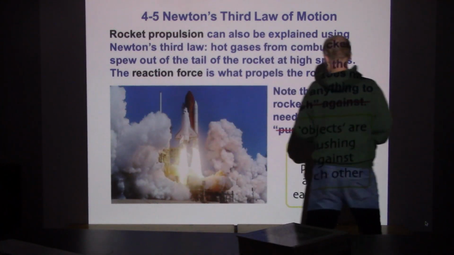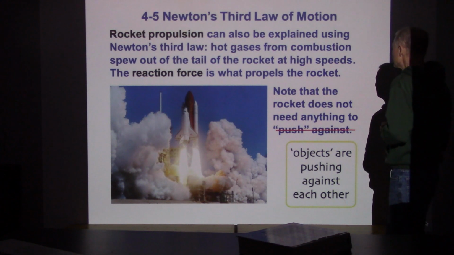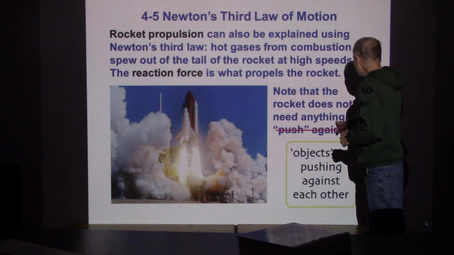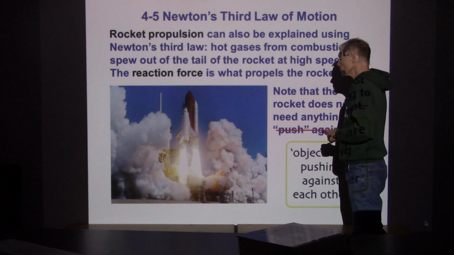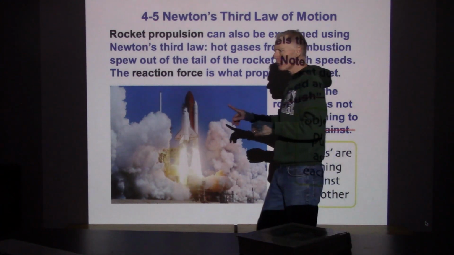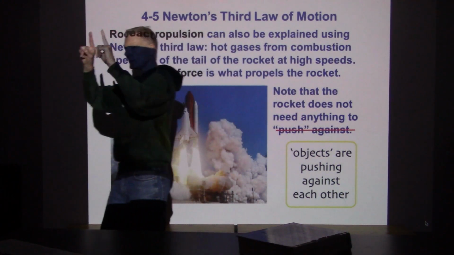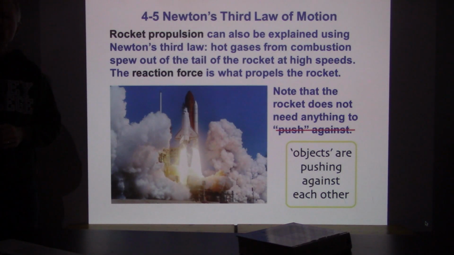I disagree with the way this is stated. It says, notice that the rocket does not need anything to push against. And if it's a force pair, then there's going to be a force pushing the rocket upwards. That's what we call thrust. There's got to be a force pair going along with this. What is it?